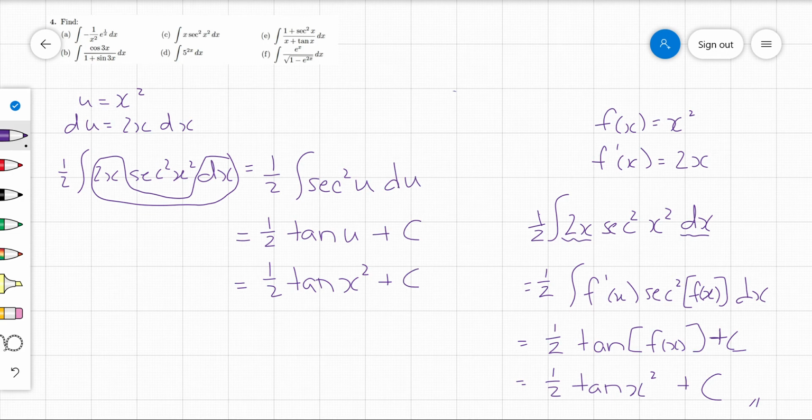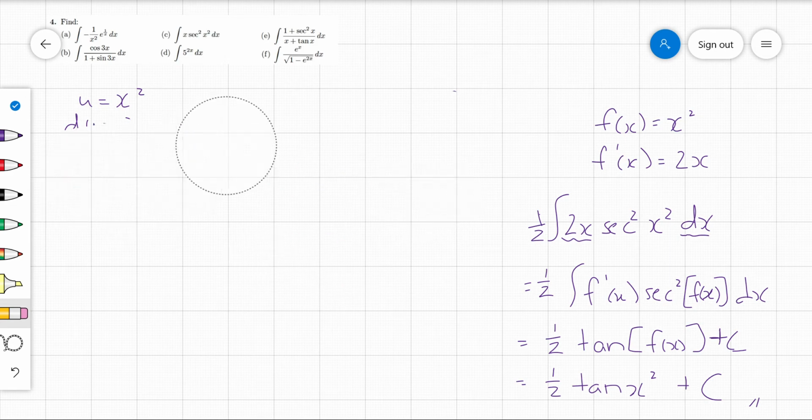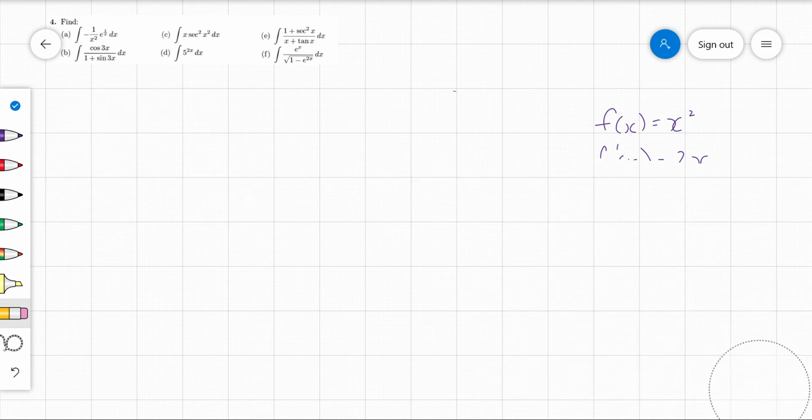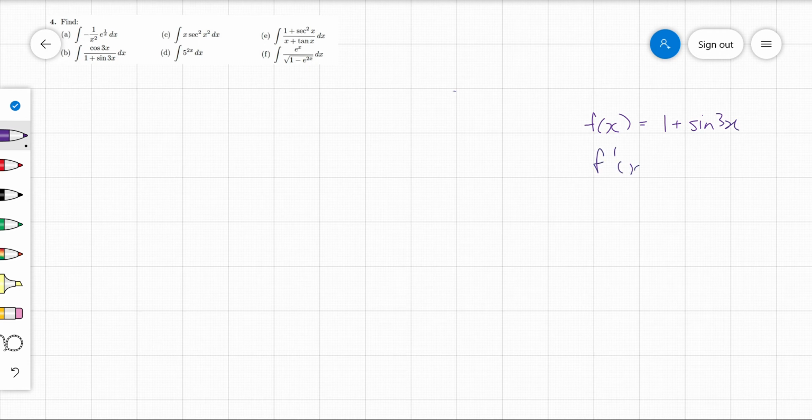All right. Okay. So let me go back to question B. Sorry about that. So in question B, same thing. I'm looking for something for f of x where the derivative is there as well. If I have a look at this one, if I just take the bottom and check, so sometimes it doesn't work, but hopefully this works.